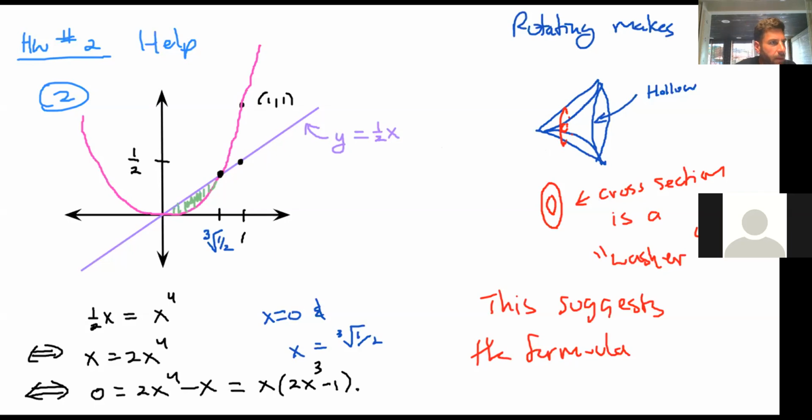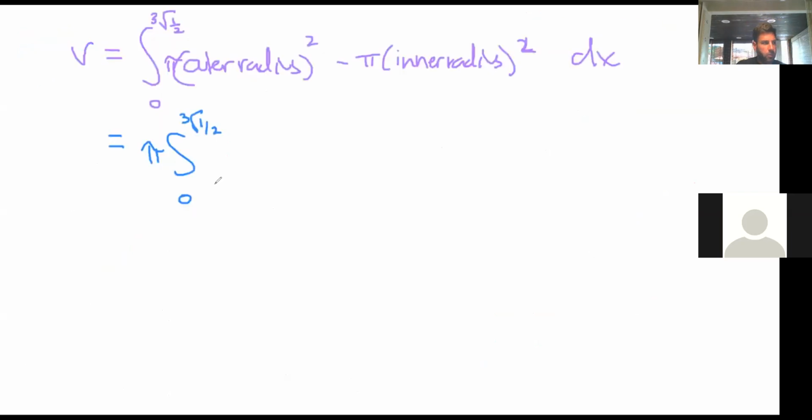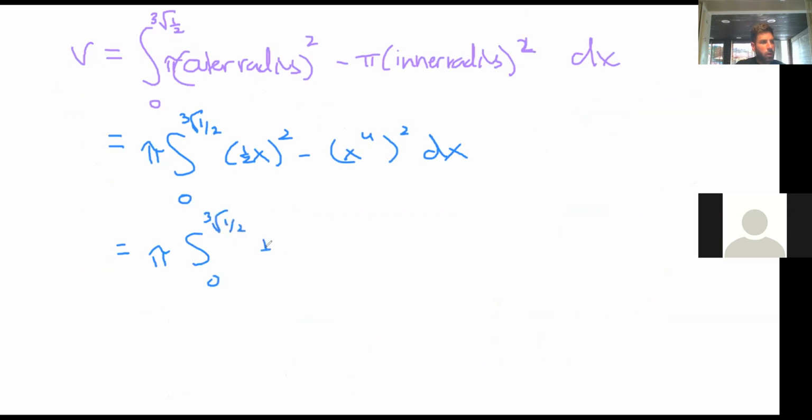So as long as I have my functions lined up correctly, this would be 1/2 times x squared, minus x to the 4th quantity squared dx, which becomes a relatively straightforward integral. This is 1/4 x squared minus x to the 8th dx.